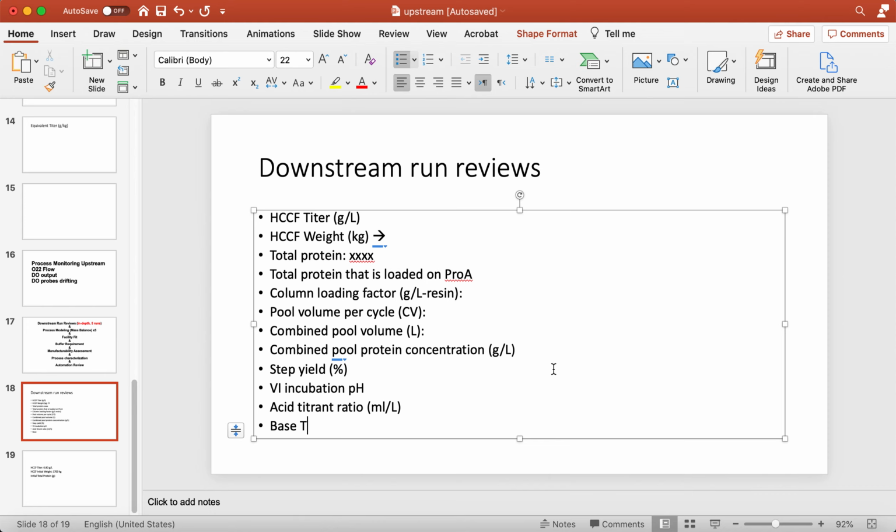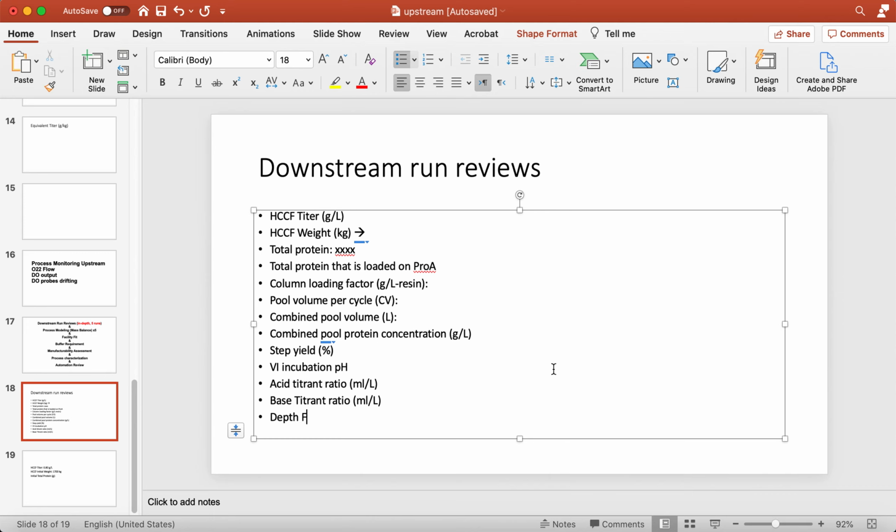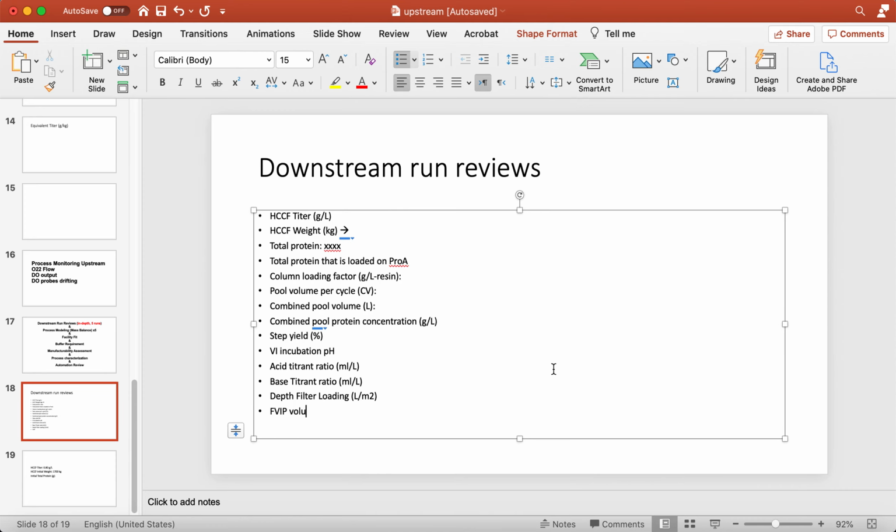Then you have base titrant ratio, mL per liter, depth filter loading, liter per meter squared, and then you have VIP volume per liter. Then you have FVIP protein concentration in grams per liter. So you go through all this stuff.